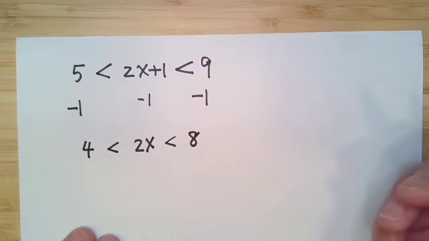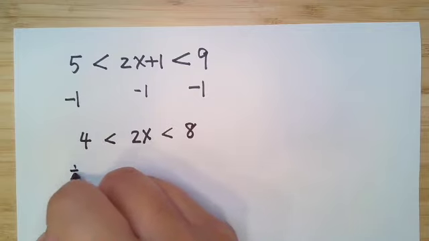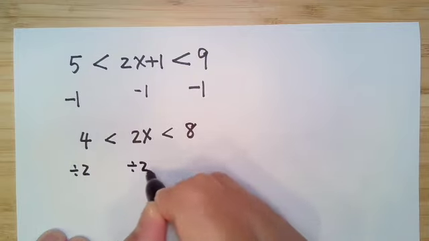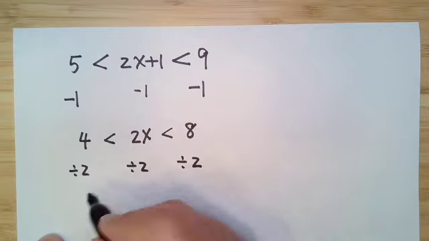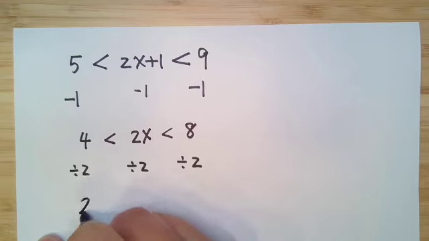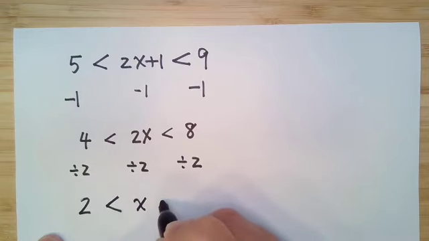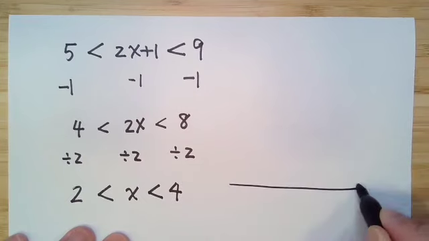So you minus 1 first, and next you divide by 2, divide by 2, and divide by 2. When you divide by a positive number, you still keep the direction. So you have 2 is less than x is less than 4.